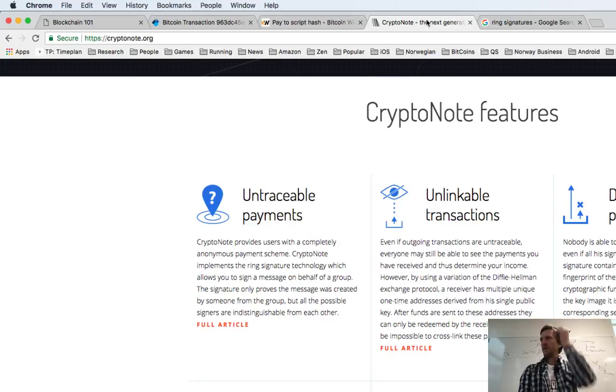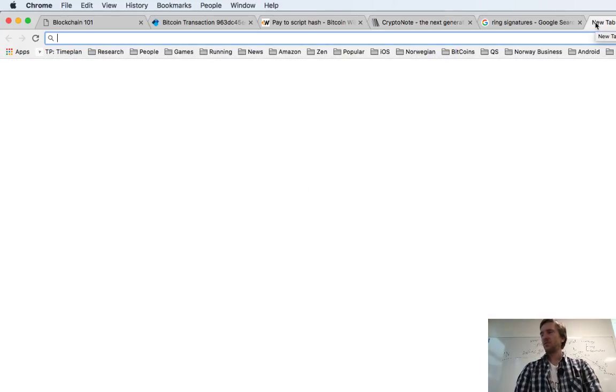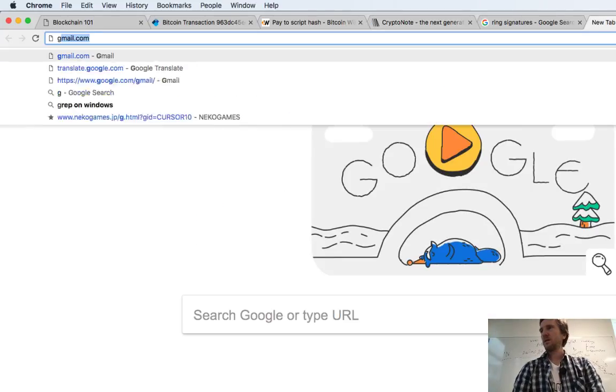So have a read on the CryptoNote features, how they address double spending, how they address the verification and untraceability of the payments, and some other coins like Monero, for example, are using the same technology. There is a nice article. So Gwern, I don't know if you know.